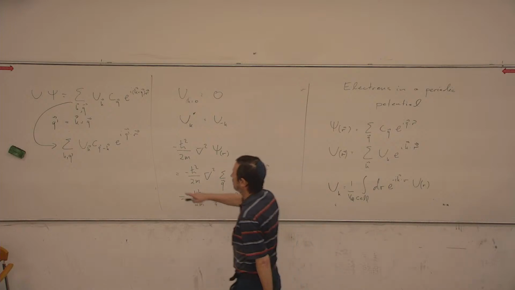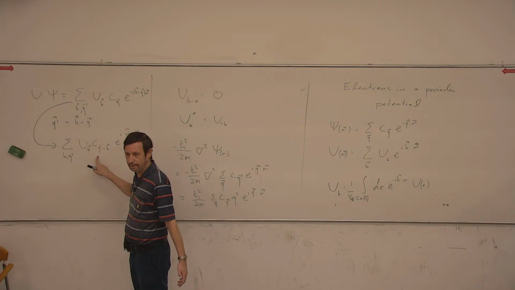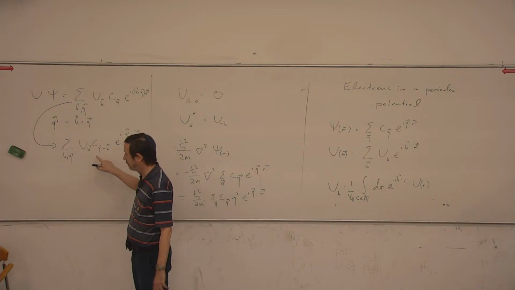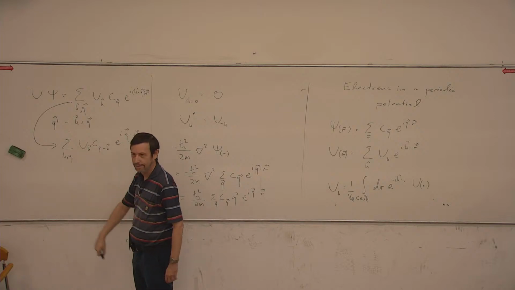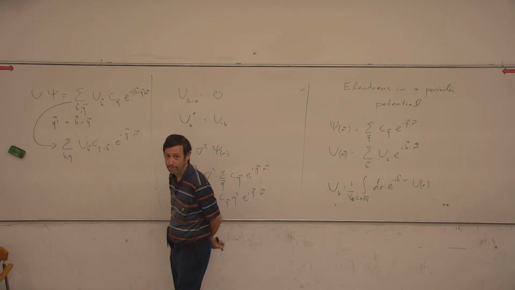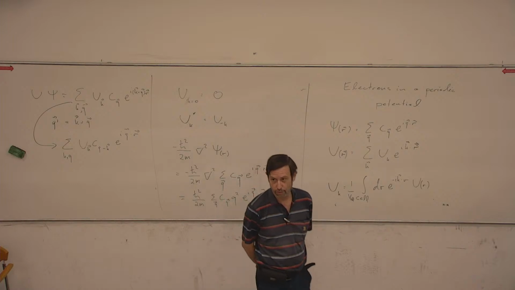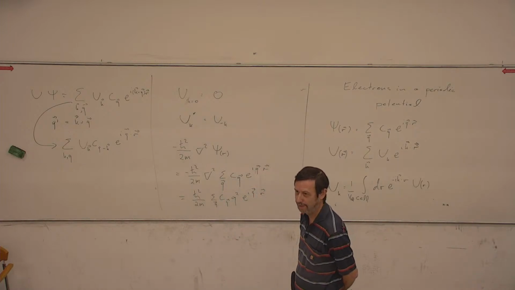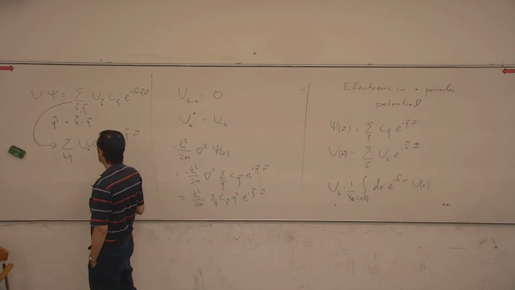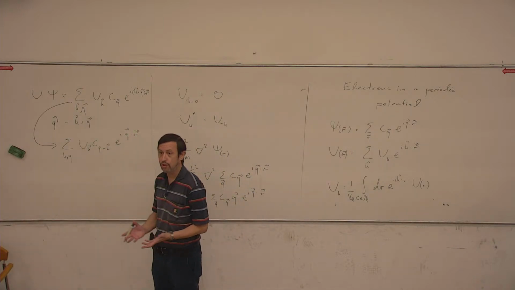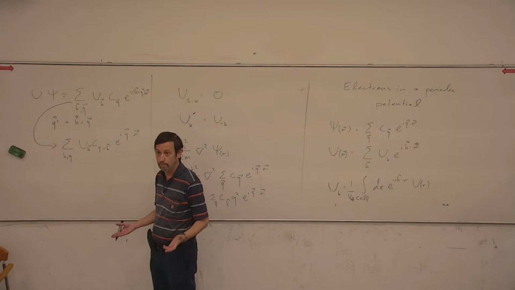Okay, since this is a mute summation index, I can get rid of the prime here.